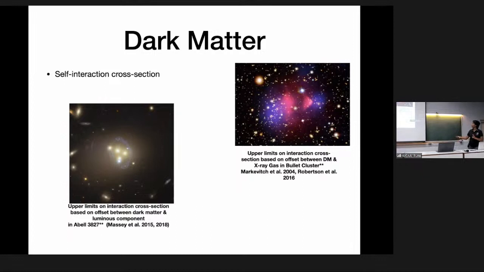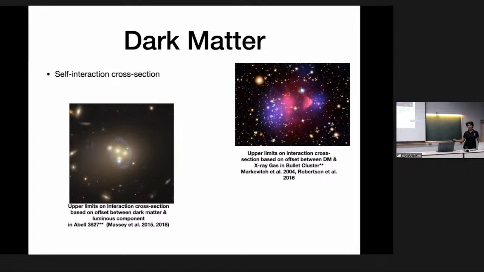So here, instead of a typical system where we have one single galaxy lensing the background source, you have a bunch of different galaxies which have their own dark matter halos, and they together are lensing these arcs. So when they modeled this system, what they found was there was an offset between the optical peaks of the galaxies versus the centers of the dark matter halos. So they again made use of this offset to try to put some limits on the interaction cross section for the dark matter particle.